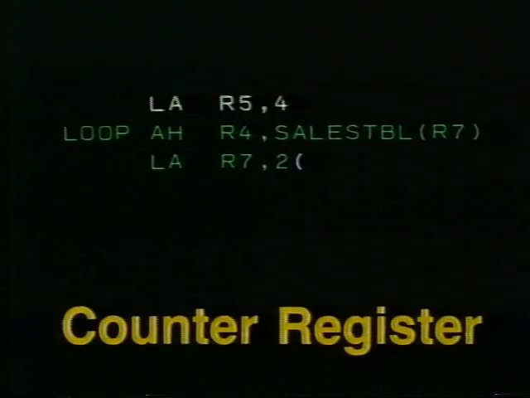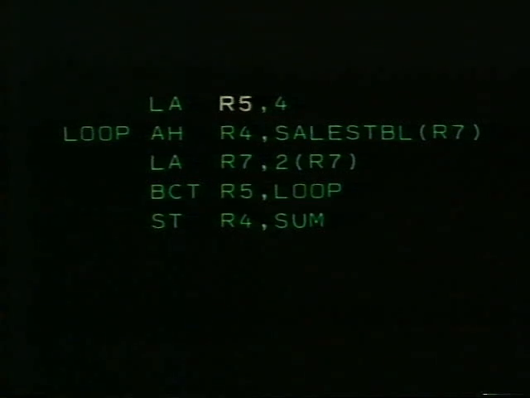Our first loop involves branch on count. This instruction gives you a way to count the number of branches you make and then to move on. It uses a register as a counter, in this case, register 5. We set up the counter register, register 5, with a number, 4 in our example. 4 is the number of times we want to go through our loop.